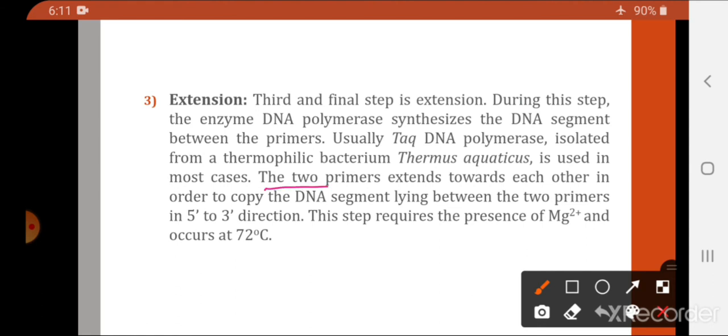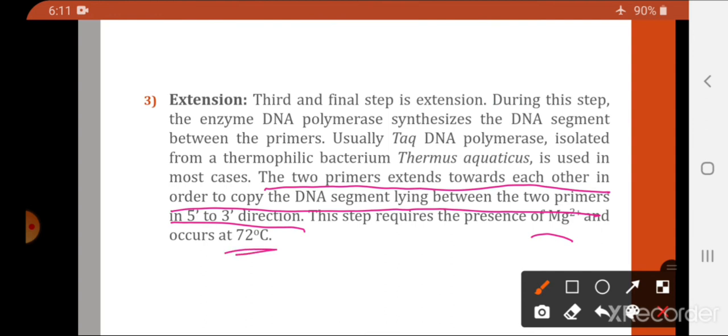The two primers extend towards each other in order to copy the segment lying between the two primers in the 5' to 3' direction. This step requires the presence of Mg2+ and it occurs at 72 degrees Celsius. So you can see the temperature is higher, and at this higher temperature normal enzymes degrade, right?